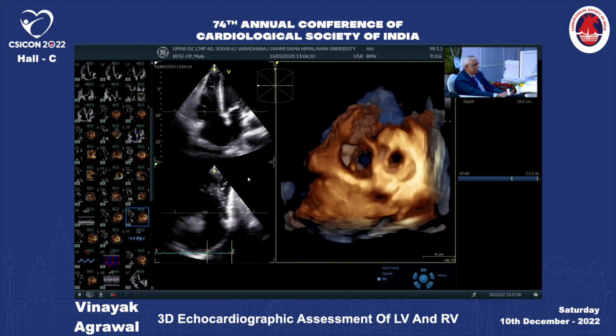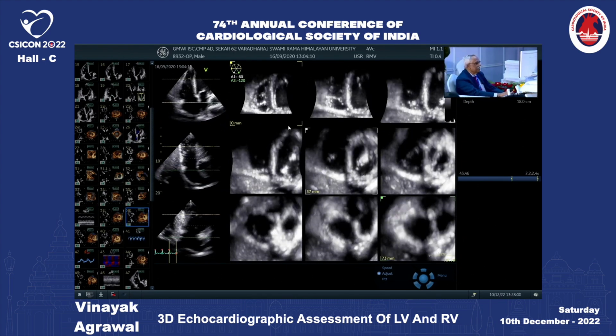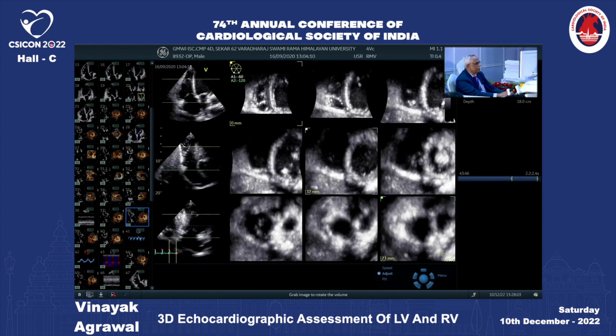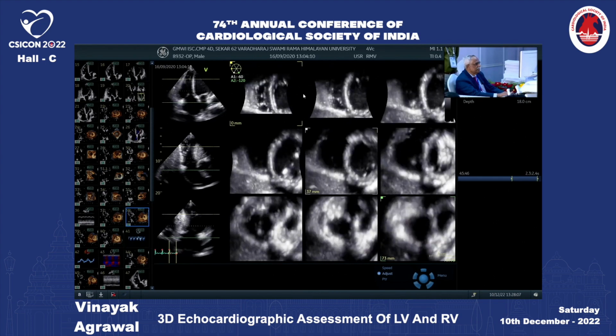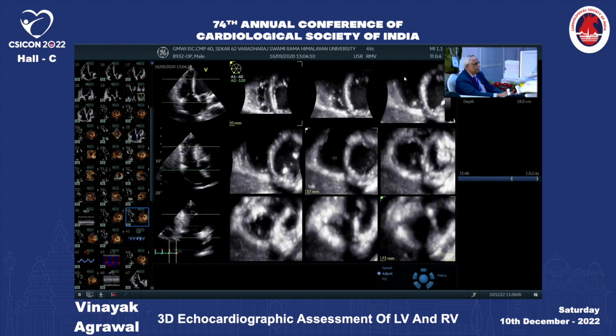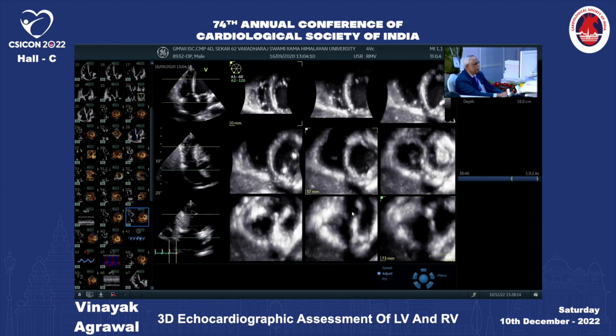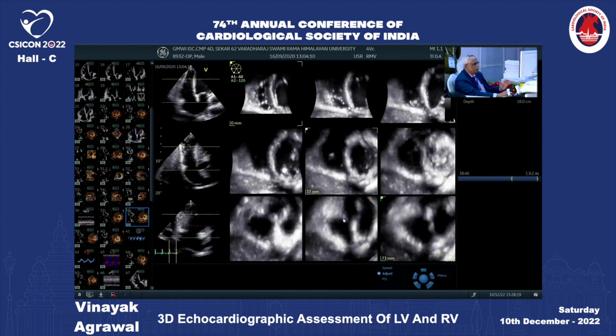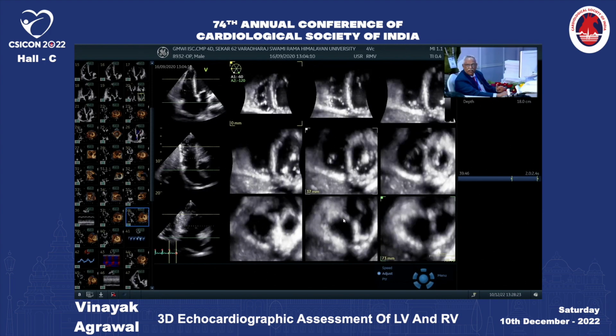Here again you can check by flexi slice whether the entire right ventricle is there as a semicircular space like this. This is the inflow tract, and you have to see whether the outflow tract is included. So you have to see whether the inflow tract, right ventricular apex, and the right ventricular outflow tract are all captured in the three-dimensional echocardiographic data set.